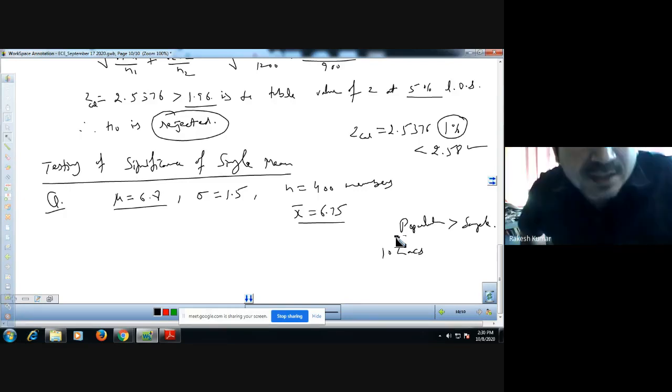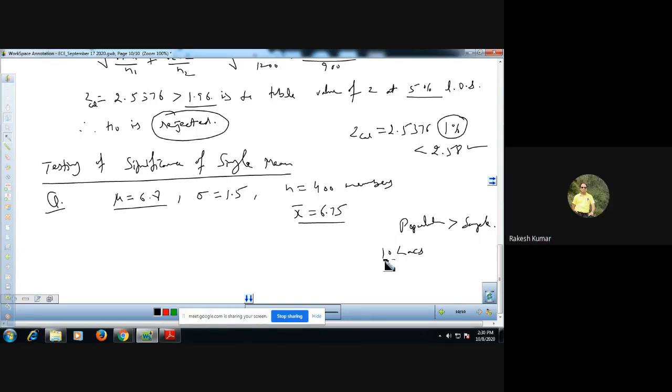Suppose the average marks out of 100 comes out to be 65, but we are taking a sample of 2000 students and the average marks scored by these 2000 students comes out to be 62.